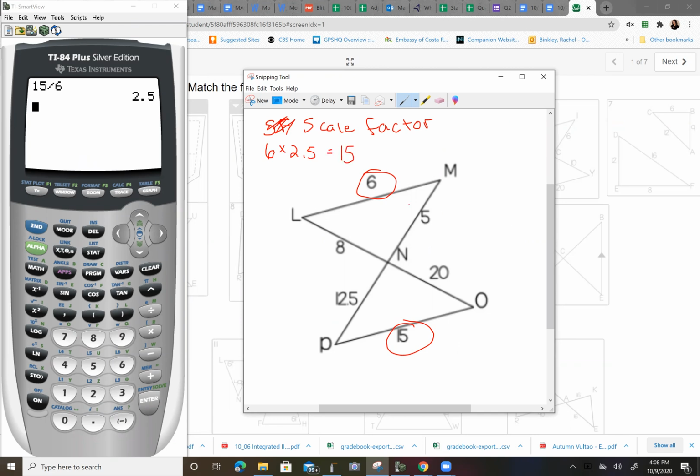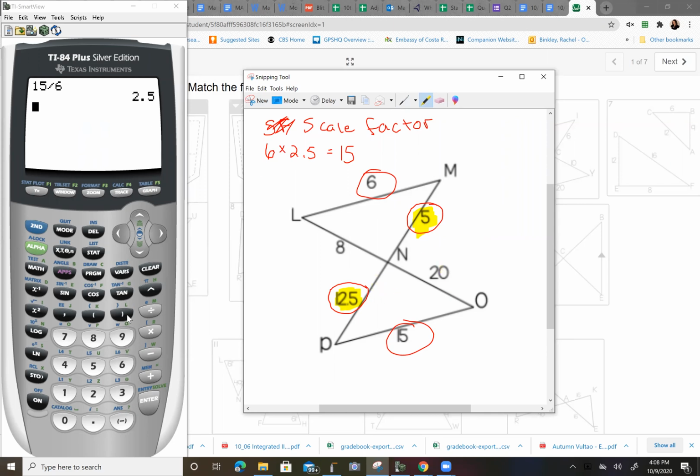Now let's take another side. If I multiply 5 by 2.5, will I get 12.5? And make sure you're catching the fact that my corresponding sides, when my triangles look like an hourglass, are going to be like this: as opposed to 5 and 20, it's going to be 5 and 12.5.